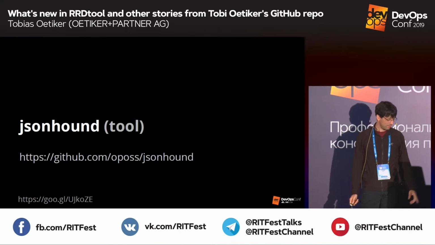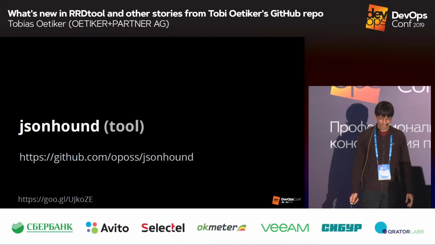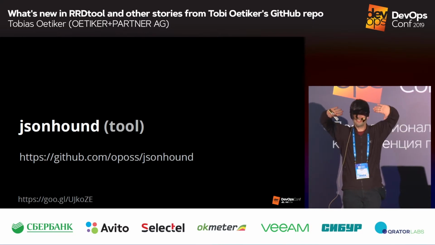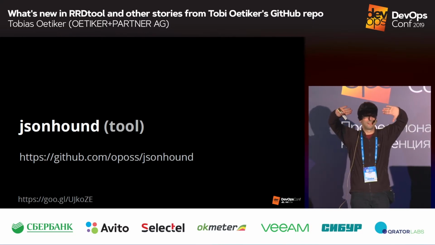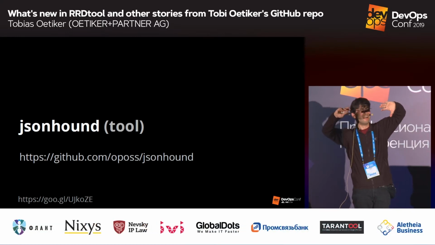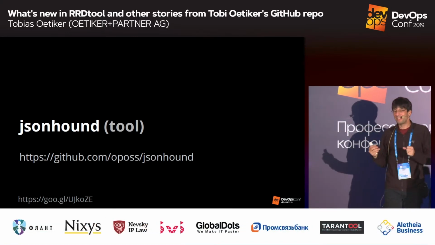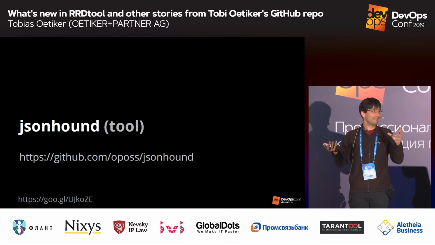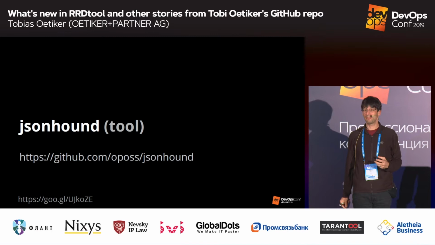And yeah, one minute, finally, JSON Hound. Who's using Cisco gear? No? Okay, some people do. With Cisco routers and switches, you can now get the configuration out as JSON files.